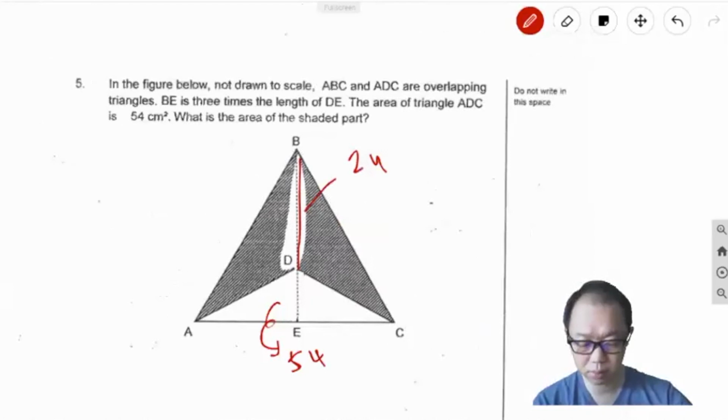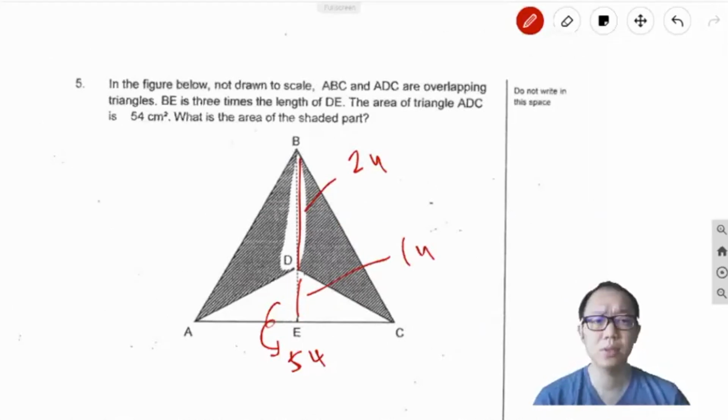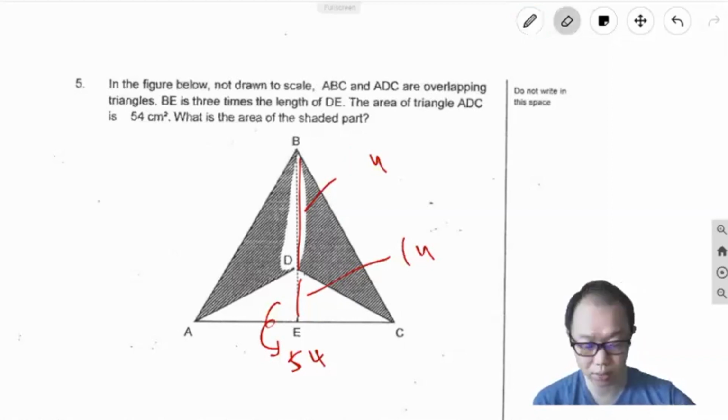This part we call 1 unit. Got it? Actually, we don't have to assume, it's given to us, right? BE is 3 times DE. Sorry, wrong. 3 units here.